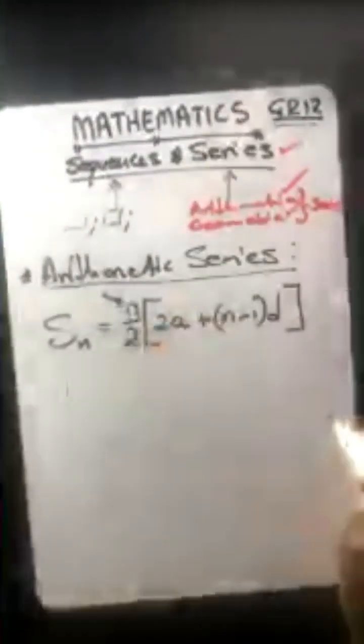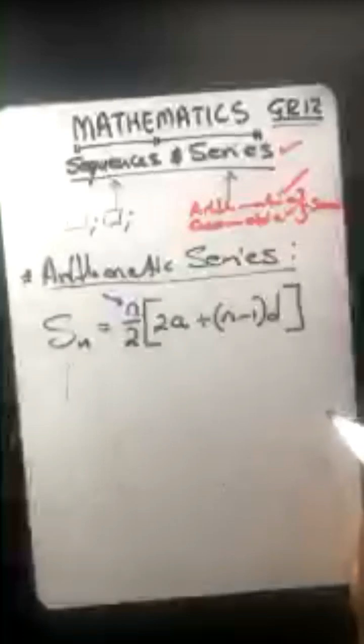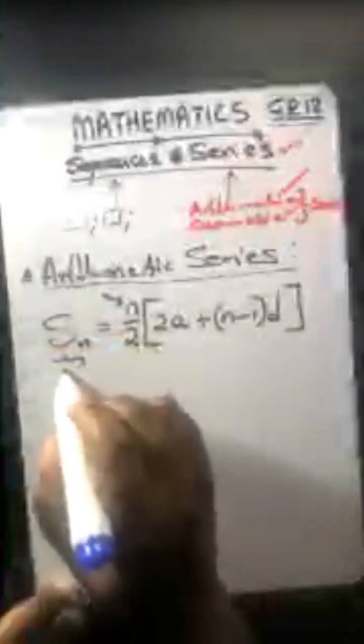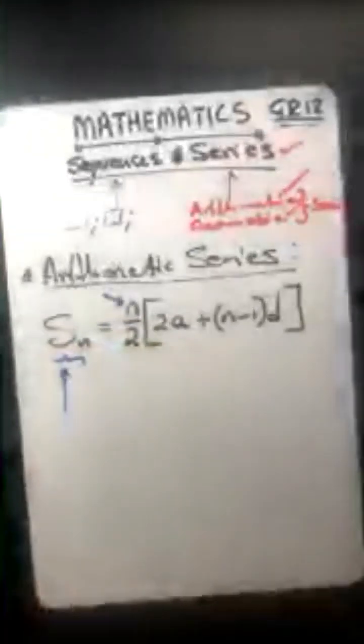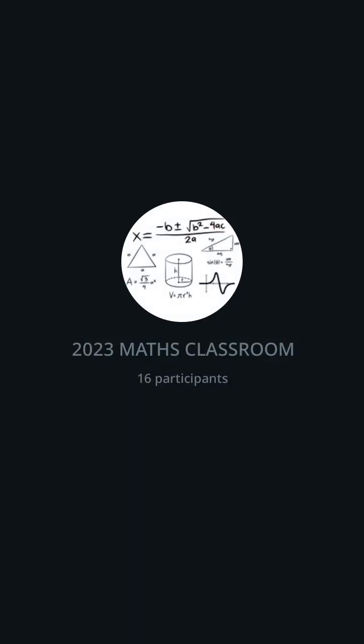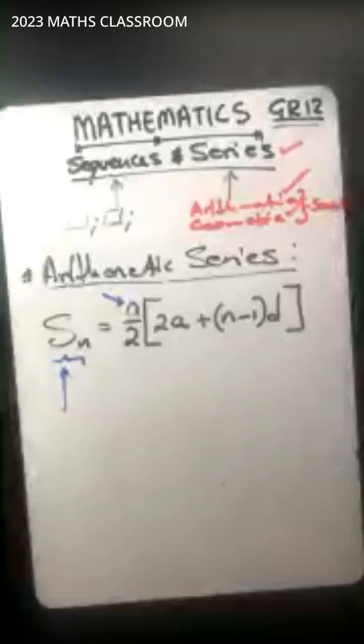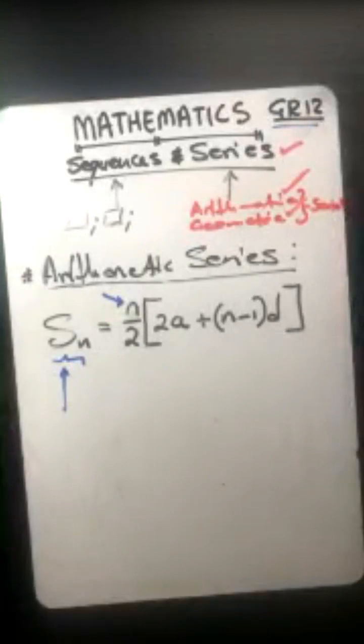Obviously, n, we can still refer to as the number. And then the whole of this is the sum, the total that can be calculated for that particular community, with n being the number.